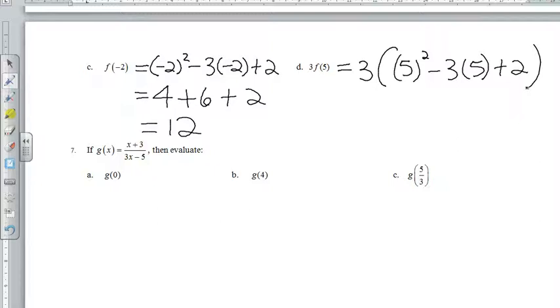And then the 3 is in front, saying we're going to multiply. Now, order of operations in this case says you have to evaluate the function first, so work out f of 5, then multiply that result by 3. In a sense, you don't really have to, because you could work these out individually and go 3 times this and 3 times that, but that would be silly, right? You might as well just work that out and then multiply the result by 3.